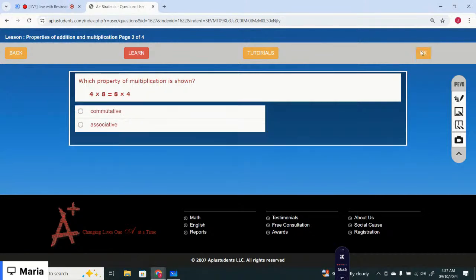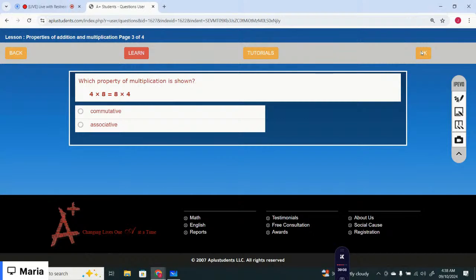The next one is which property of multiplication is shown. When you have two numbers either multiplied or added on both sides, and the numbers are the same, that is the commutative property, right?